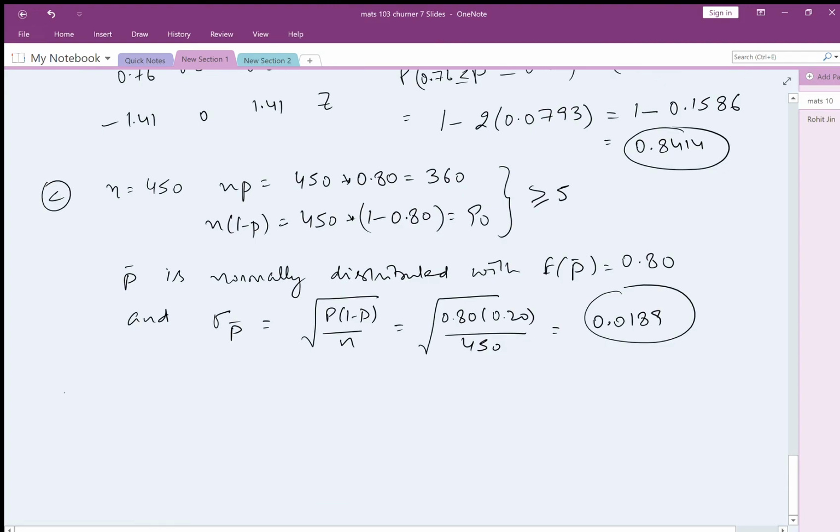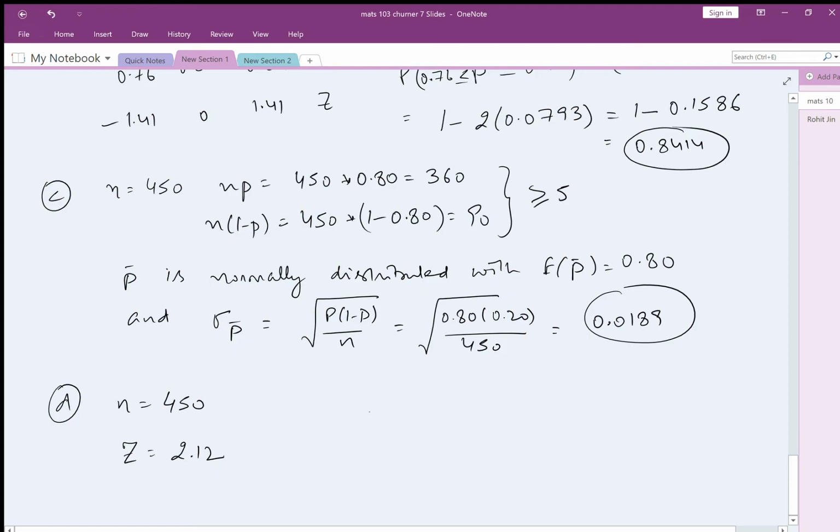Part D. Based upon the larger sample, the sample size going up to 450 complaints, what's the probability that the sample proportion will be within 0.04 of the population proportion? The only thing that's changed between part B and part D is that the sample size is now 450. So just do it as we did part B. What you would find is that the new z-score is 2.12.